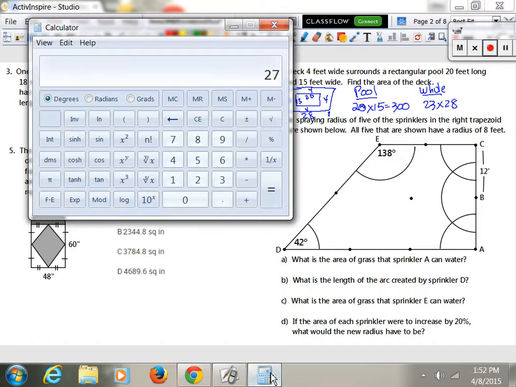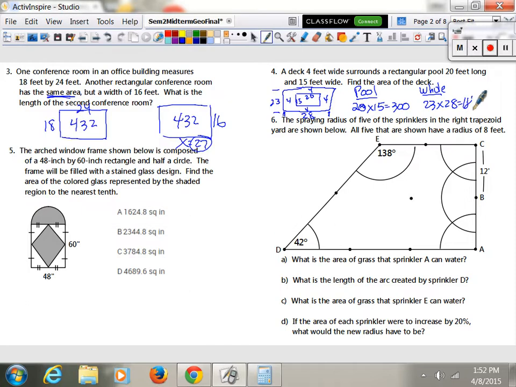On the calculator, 23 times 28, you get 644. So we're going to take the entire area and subtract the pool from it to find out what's left over for the deck. So 644 minus 300, 344 is left over for the deck.